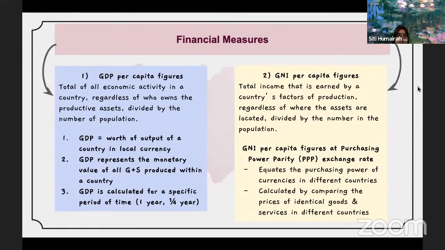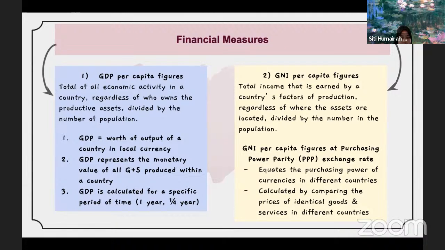So for financial measures, like I mentioned, the first example is GDP per capita figures. As we know, GDP is the total of all economic activity in a country, regardless of who owns the productive assets, divided by the number of population.